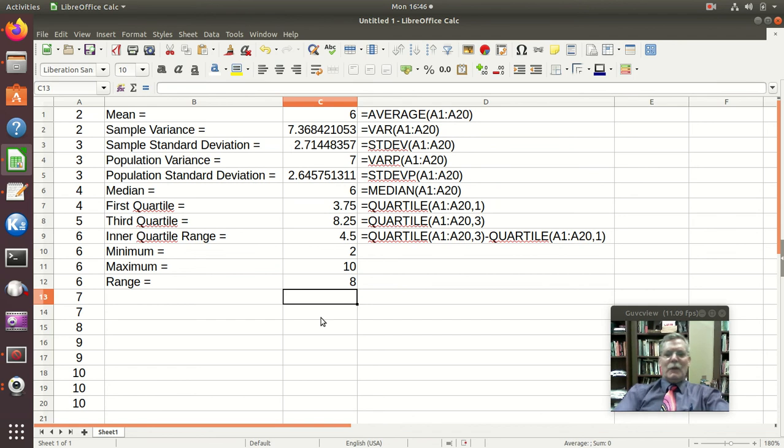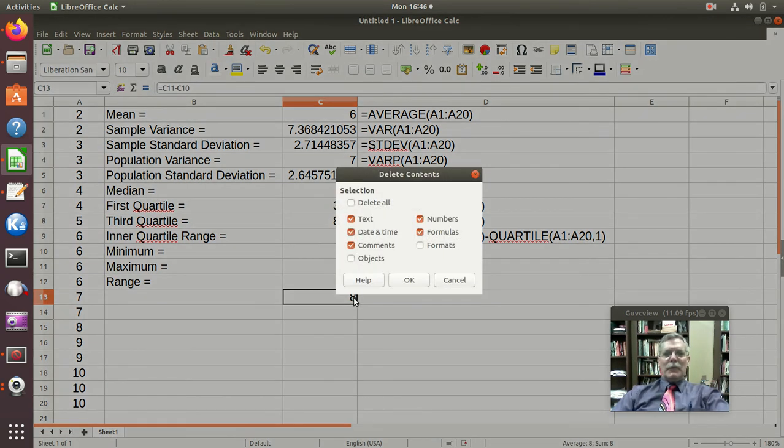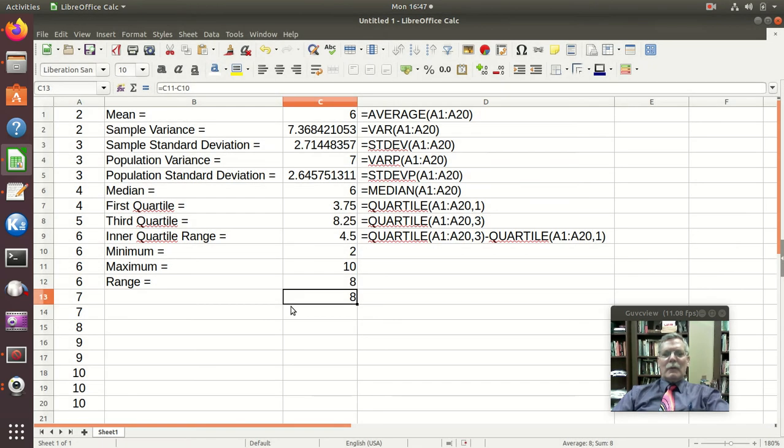Or if I knew I was doing the maximum and minimum anyway, I might just take equals and then say take that maximum minus that minimum and hit enter. So that would be fine. Whoops, cancel, backspace.